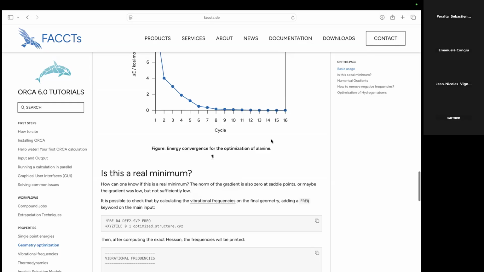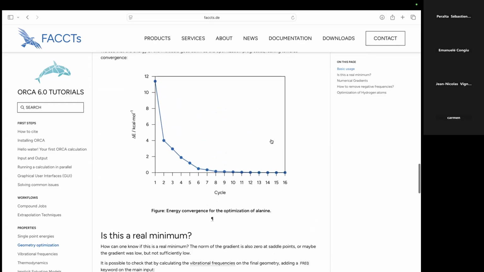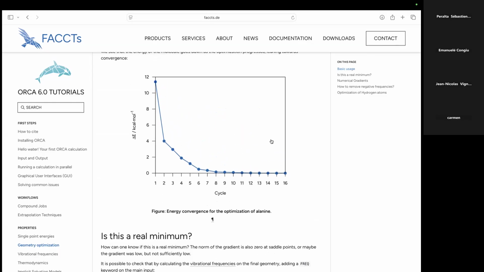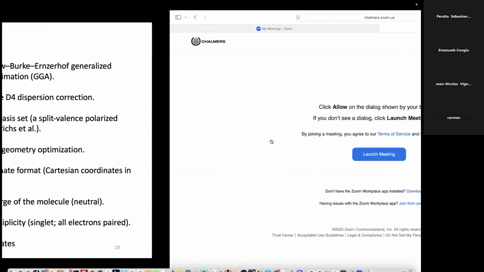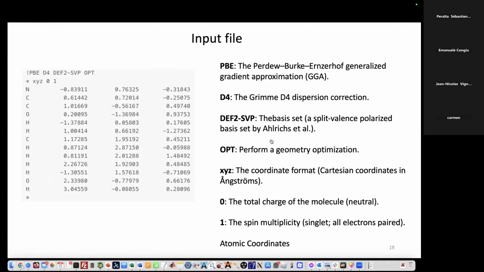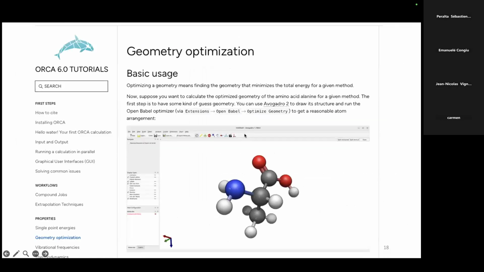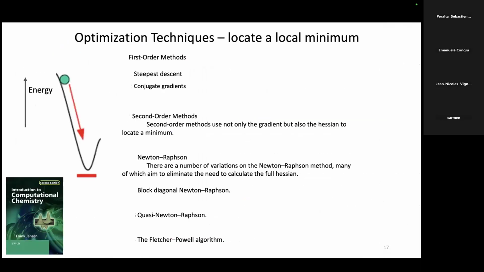Okay, so let's go back. This is our starting point, and then we move to the local minimum here, and then we want to stop the computation when we reach the local minimum. So how do we decide it?